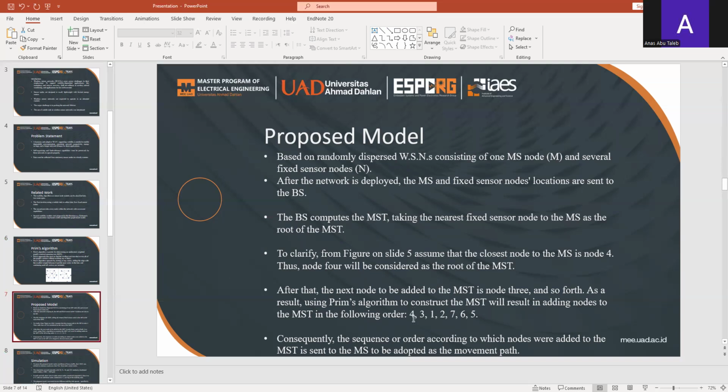So starting from node number 4, then 3, 1, then 2, then node 7 is visited, 6, and 5. After that, this sequence will be given by the base station to the mobile sink, and the mobile sink will visit the nodes according to this sequence.